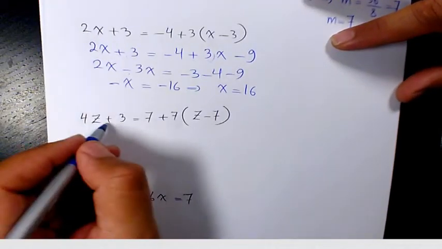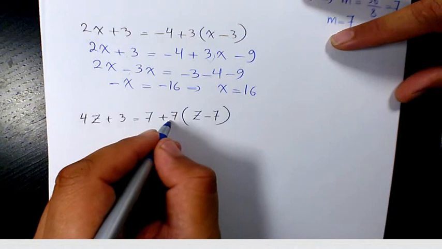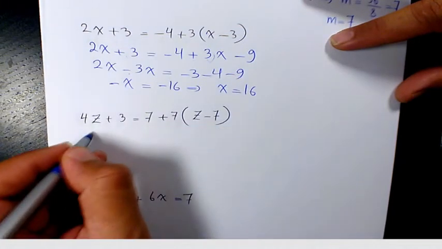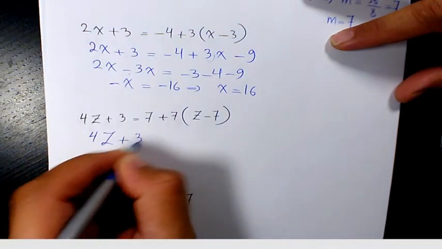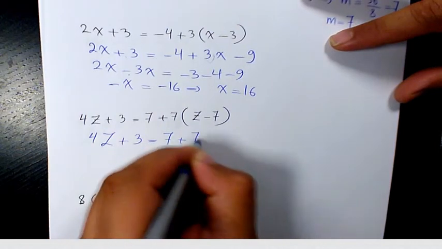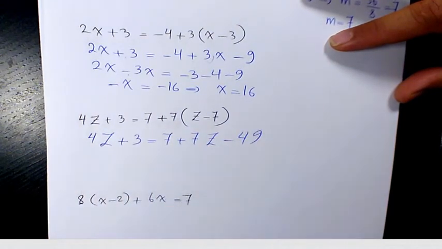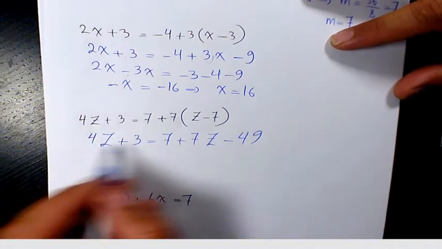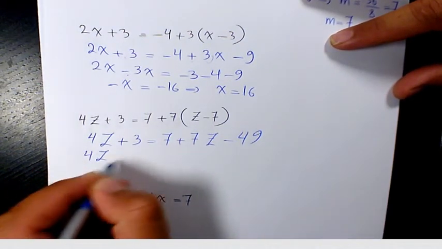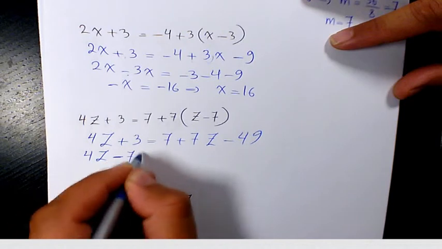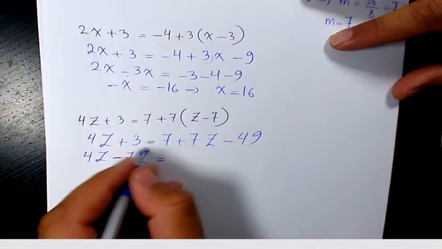Next one, 4 times z plus 3 equals 7 plus 7 times z minus 7. So 4 times z plus 3 equals 7 plus 7z minus 7 times 7, which is going to be 49. So move this here and move the rest. So move the variable and the coefficient on one side and the constant on the other side.